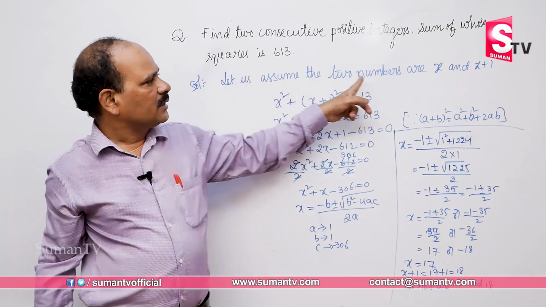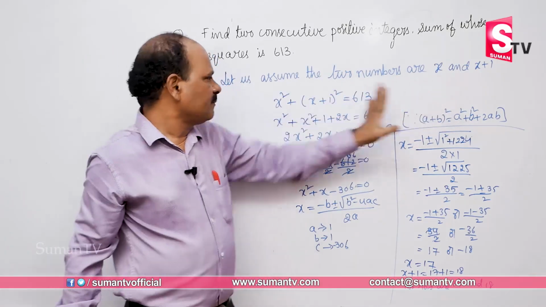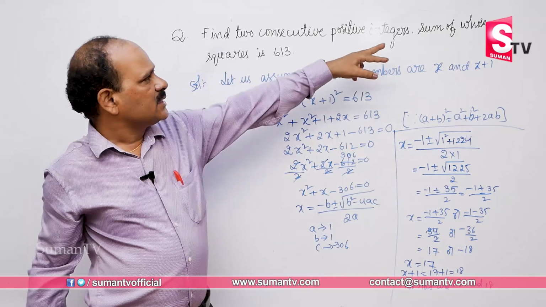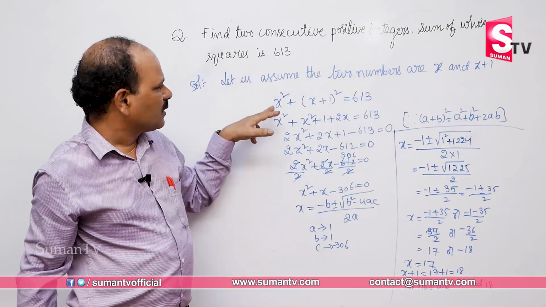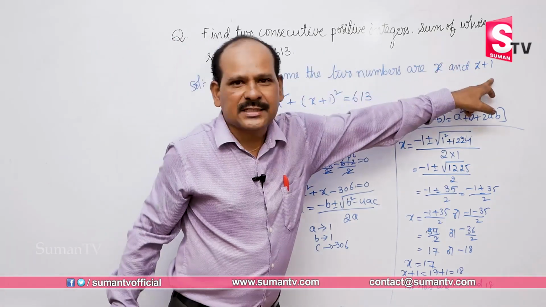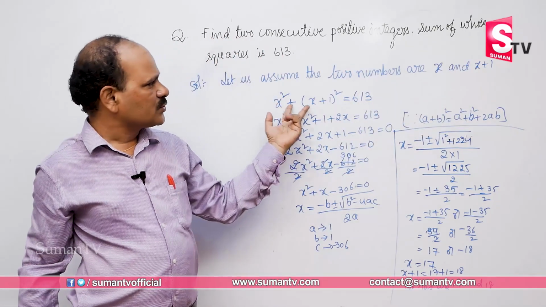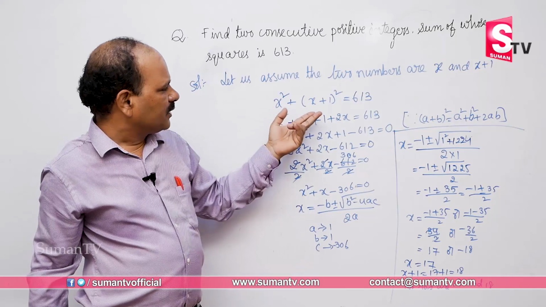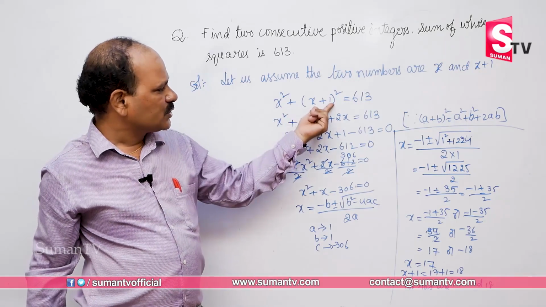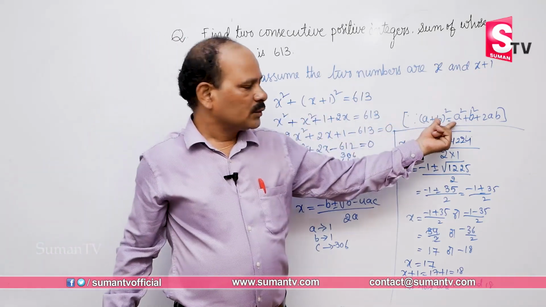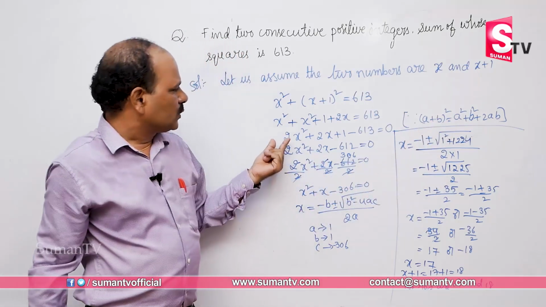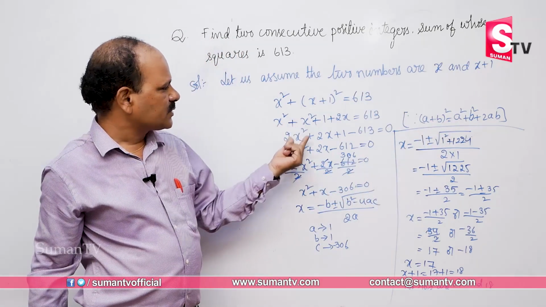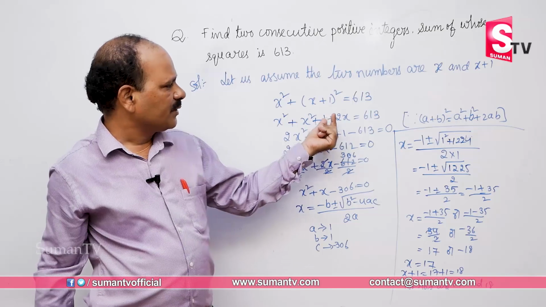Okay, once again, let us take an overview. Let us assume the two numbers are x and x plus 1. The next condition given is the sum of squares. Sum of squares means x square plus x plus 1 whole square. The sum of these two squares is equal to 613. After that, I expanded x plus 1 whole square using the formula: x square plus 2x plus 1. So 2x square plus 2x plus 1.